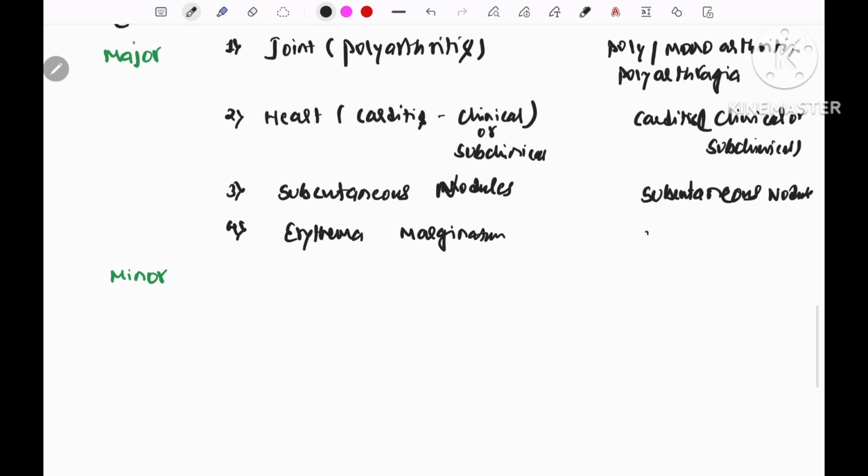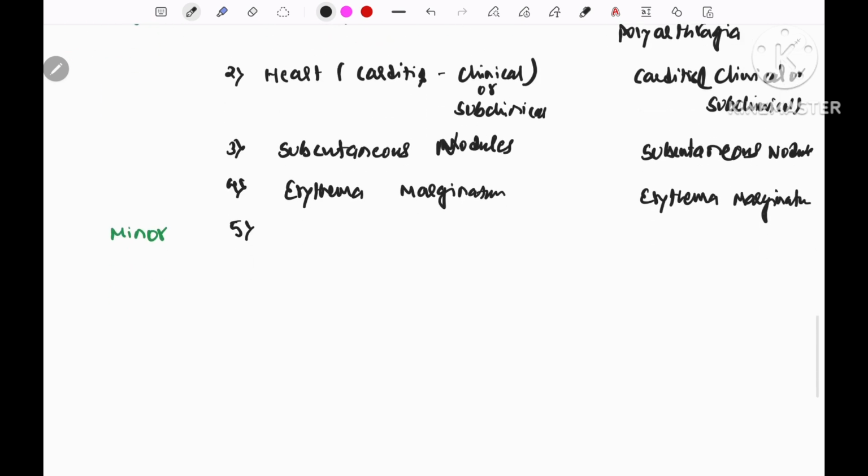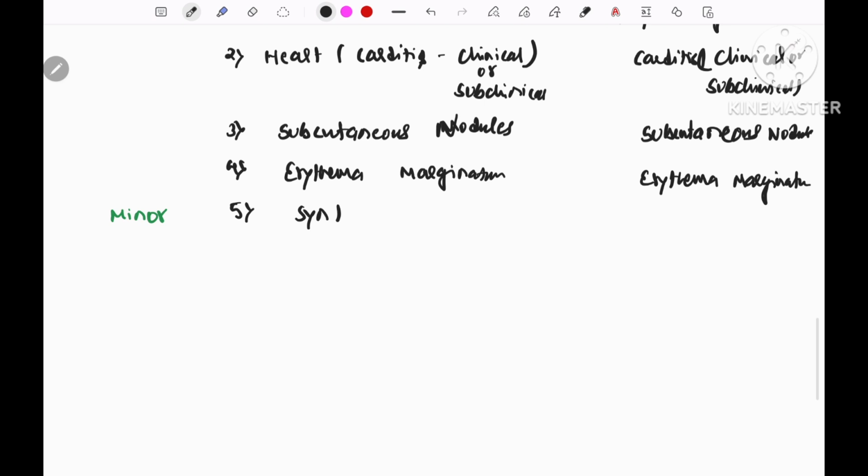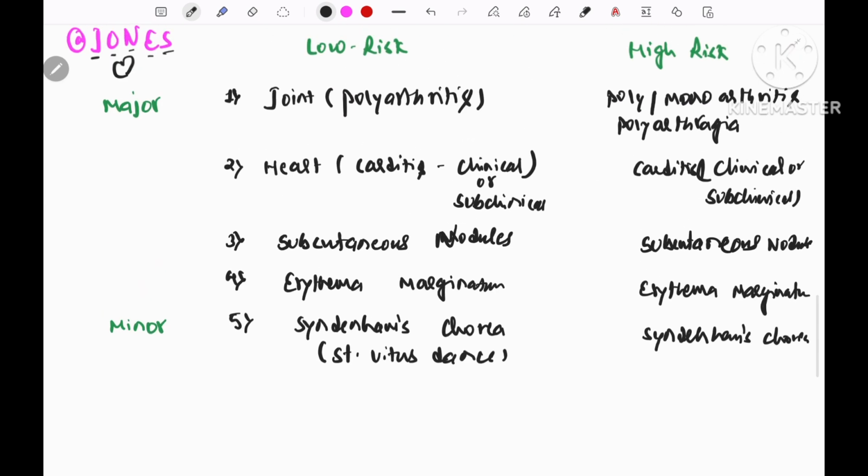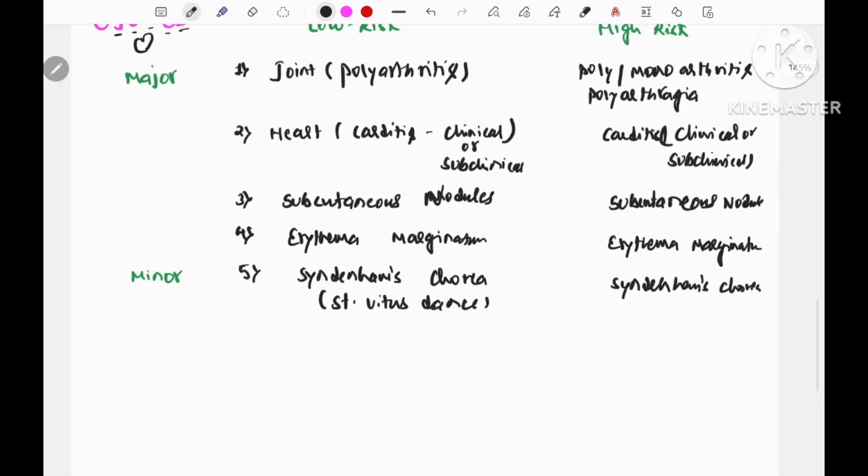Similar here, erythema marginatum. Now the fifth is S, which means Sydenham's chorea. Similar in the high risk also, Sydenham's chorea. It is also called St. Vitus dance. We will talk in detail after completing this major and minor.